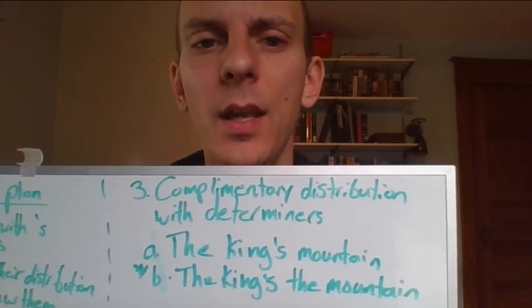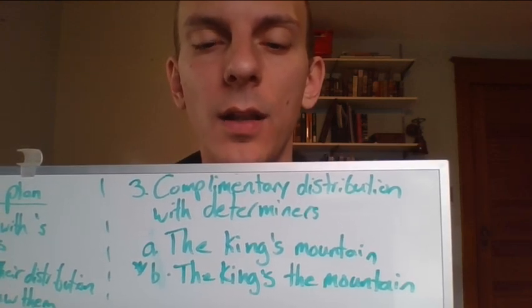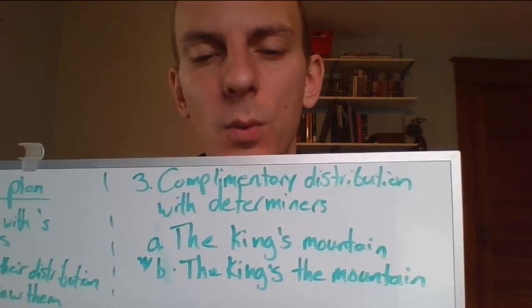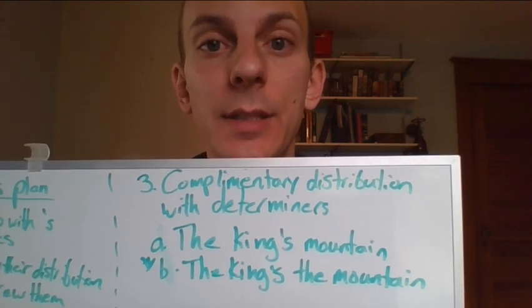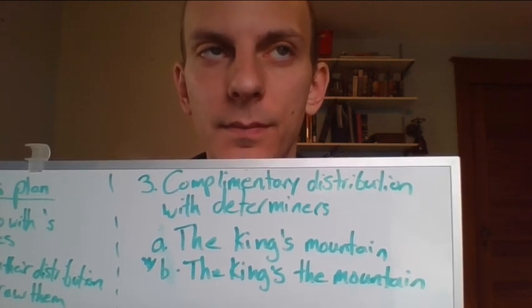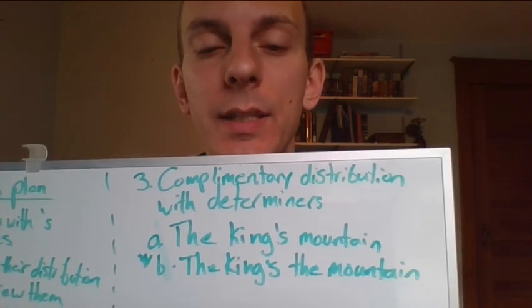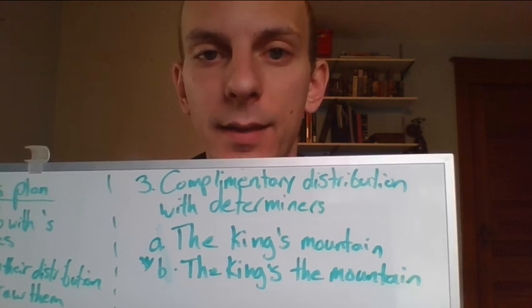And so just like in other elements of complementary distribution, like in phonology, when we find things where you have to only choose one, where you get one or the other, we're going to say they're things of the same type. We have one slot to fill, and you can either fill it with an apostrophe S or a determiner, like the or a.